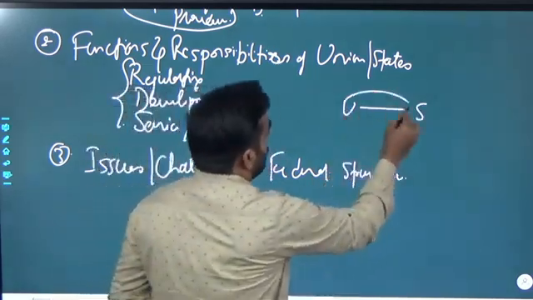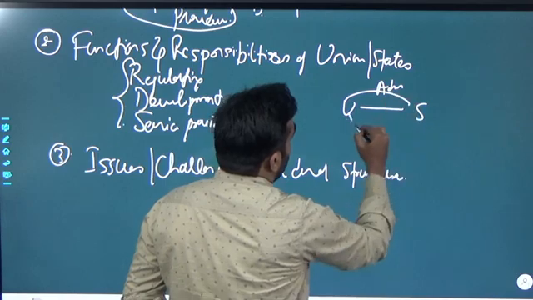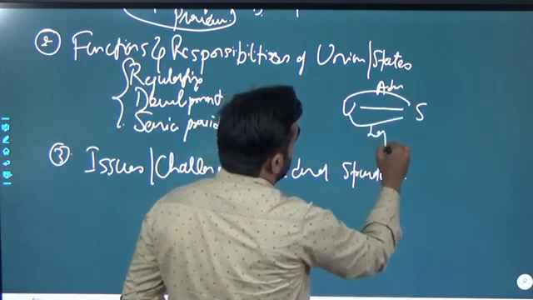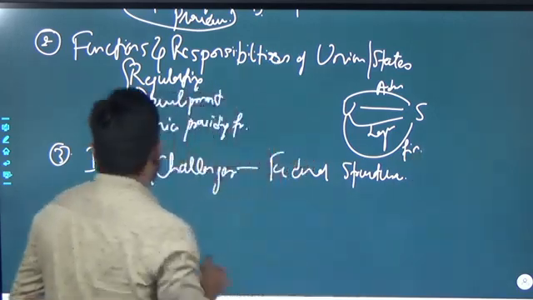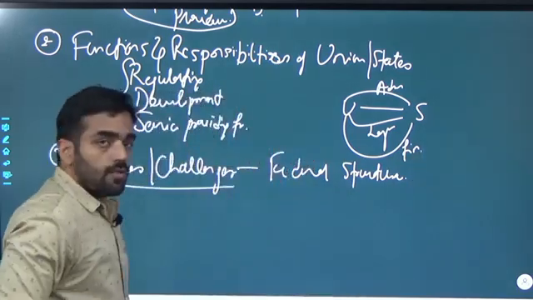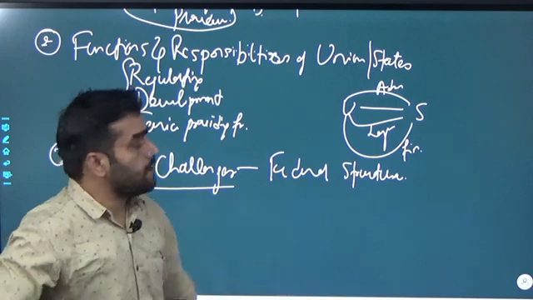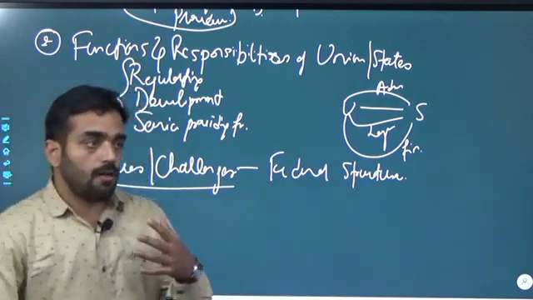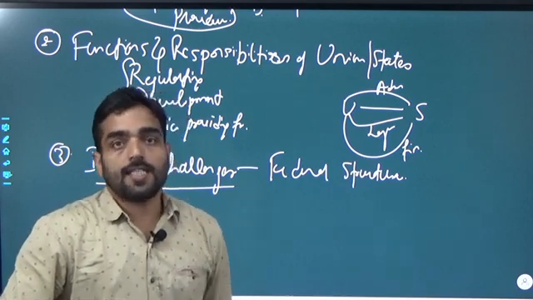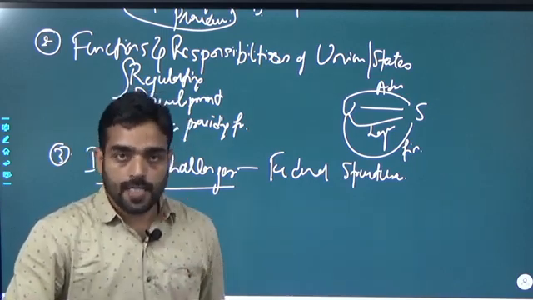The first is administrative, second is legislative, then there are financial relations. So there are many issues and challenges related to this federal structure, that is administrative, legislative, and financial relations. Then there are issues of misuse of Article 356, that is imposition of president's rule.